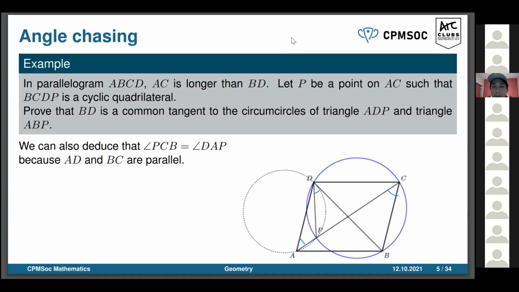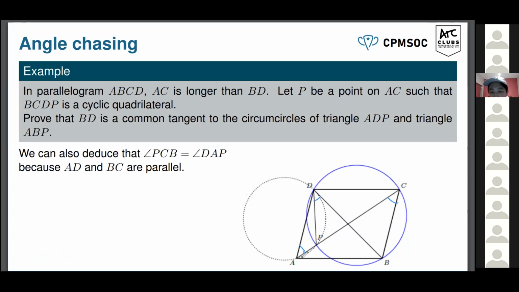And now we can also deduce that angle DAC is equal to angle ACB. This is because AD and CB are parallel, and from what we've learned in high school, because these two are alternate interior angles, they are the same.